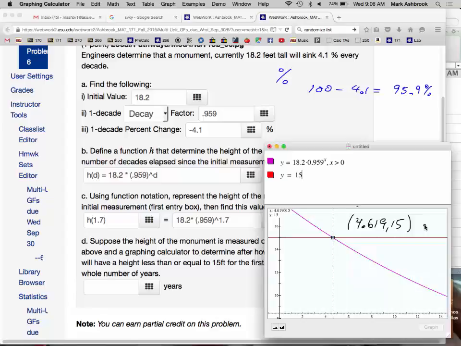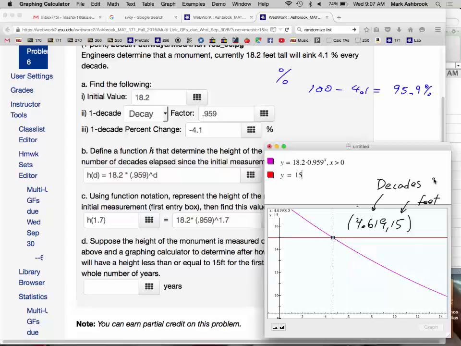What's the meaning of that ordered pair? After 4.619 decades, the statue will have shrunk to 15. Nice. She said after 4.619 decades is when it will have shrunk down to a height of 15 feet.